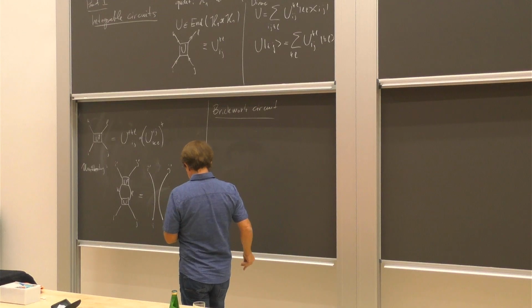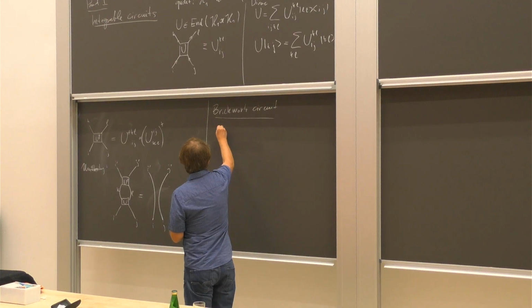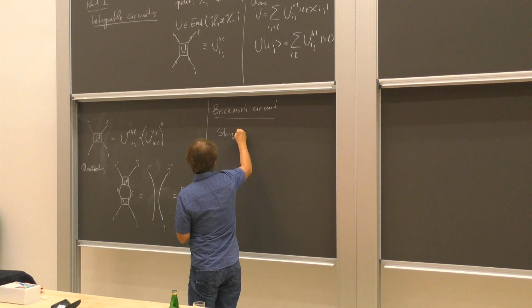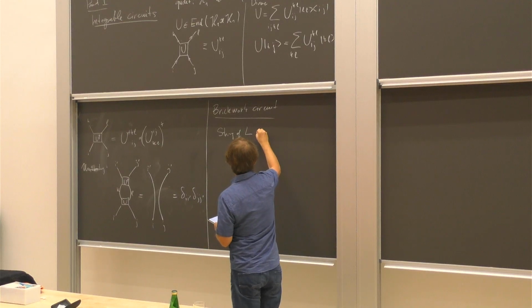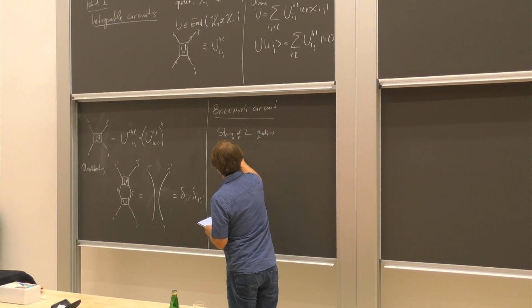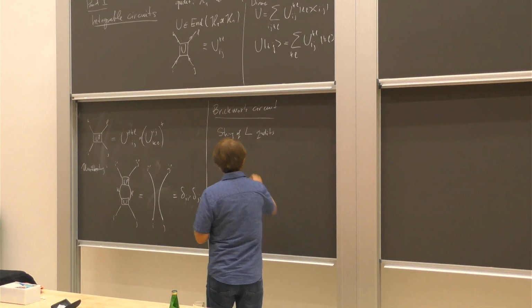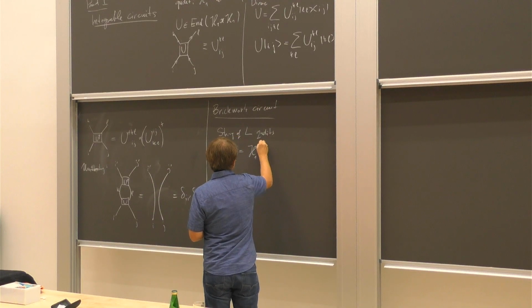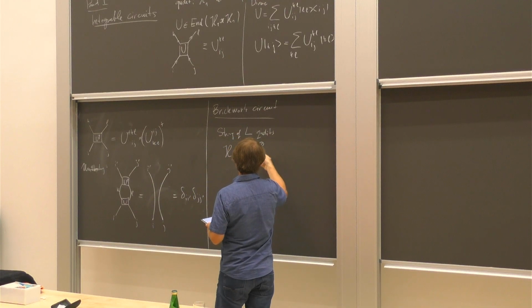Now we'll take a string of L qubits, and define a vector space, which we'll denote as H_L, which will be a tensor product of L copies of H_1. For 2 qubits, we had just a tensor product of the 2.